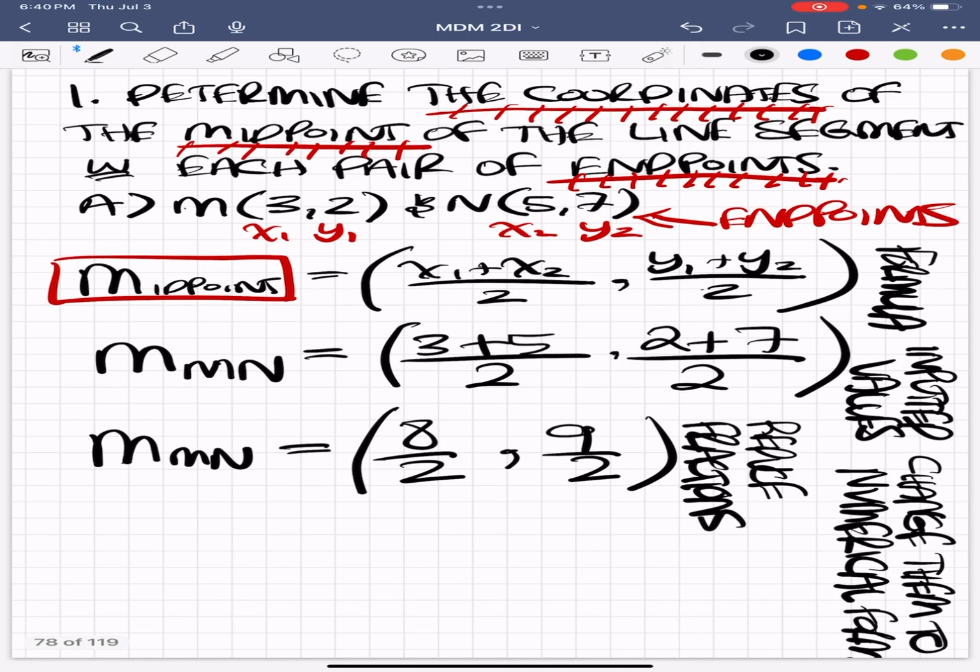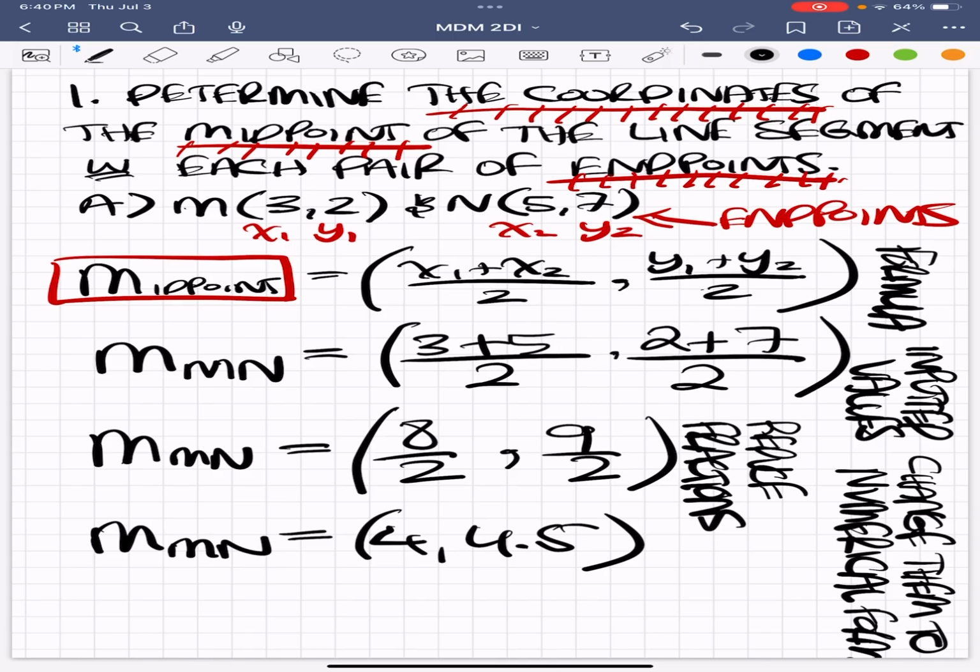Alright, so we have the midpoint of MN being 4, 4.5. So 2 goes into 8 4 times, that's how we got 4. And then we have 2 goes into 9 4.5 times. So we've got that one as well.